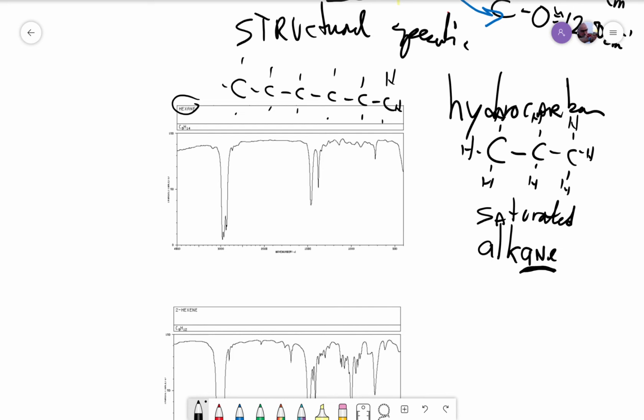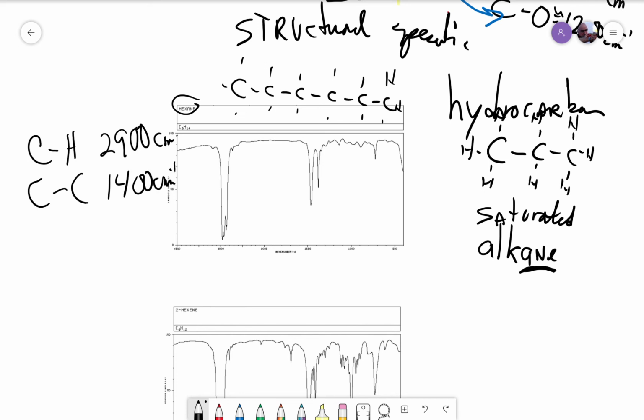will be made up of two bonds, a CH stretch and a CC single bond stretch. A CH stretch for a saturated system, that means for single bonds, shows up at 2900 reciprocal centimeters. A CC single bond shows up at roughly 1400 reciprocal centimeters.